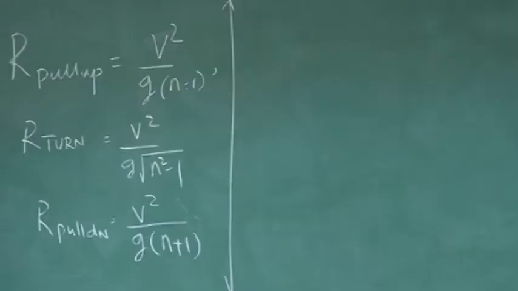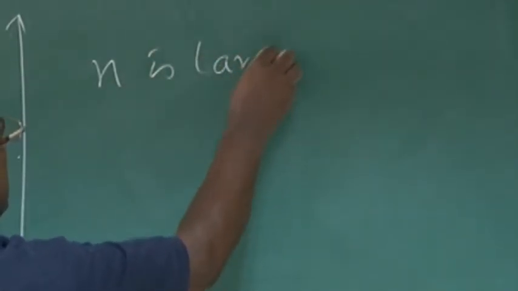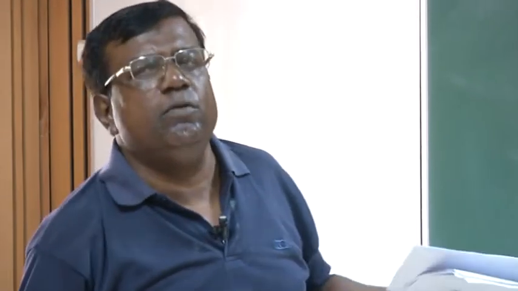Now think of a situation. Let's say n is large. When you talk about accelerated flight, our aim is always to go to higher n. Otherwise, why do you want accelerated flight? A natural tendency: I should fly at a higher load factor.